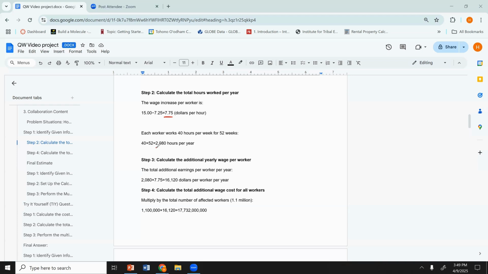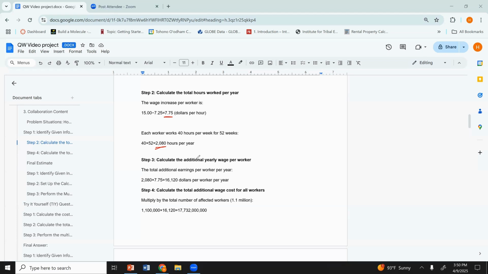If they continue to work 40 hours per week, throughout the year they will clock in 2,080 hours. Okay, so we know the total number of hours per worker.